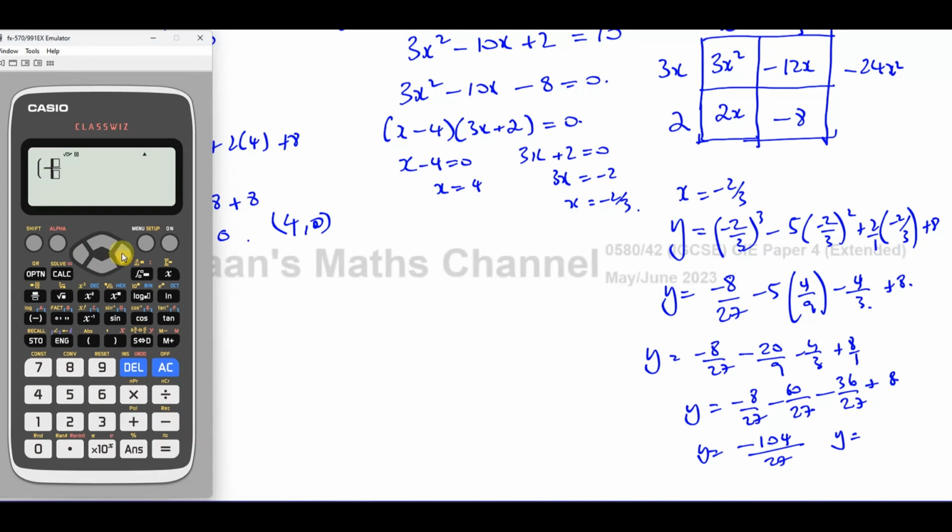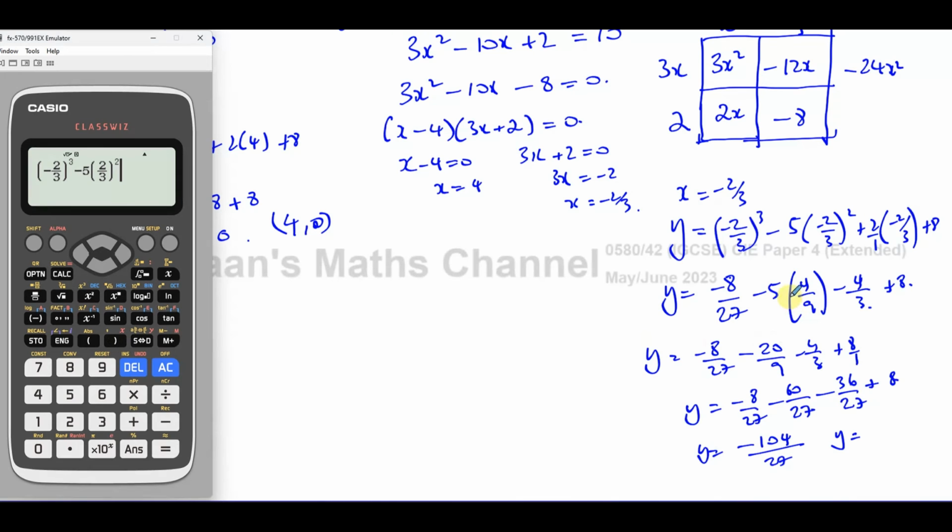Let's have minus 2 over 3 cubed. Okay, and you're going to have minus 5 times minus 2 over 3 squared. So bracket 2 over 3, close bracket, squared.